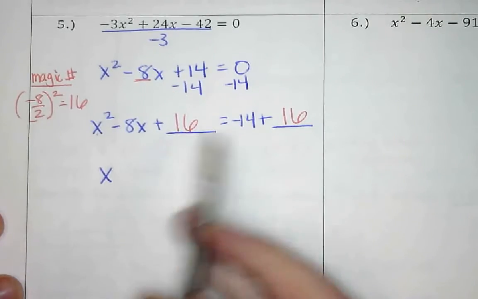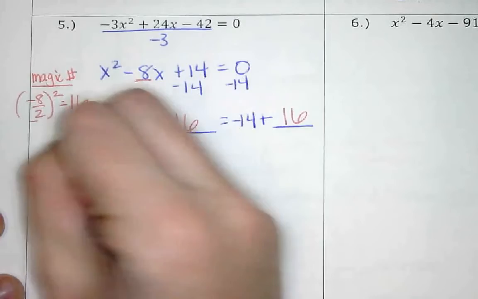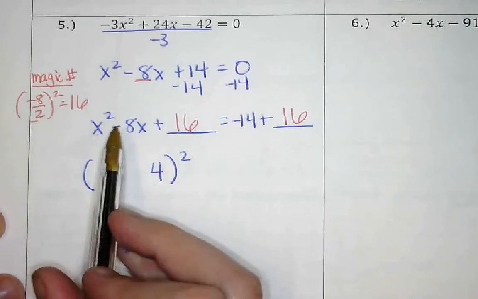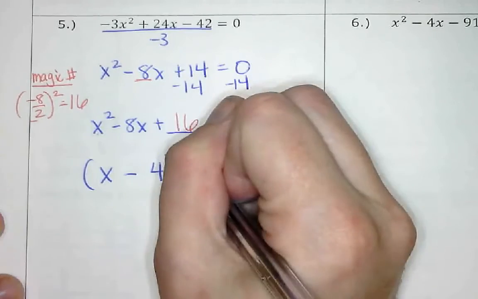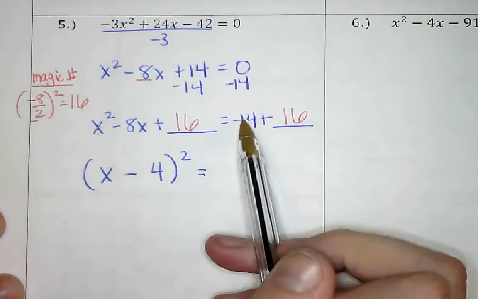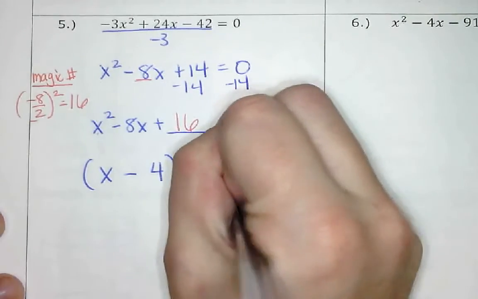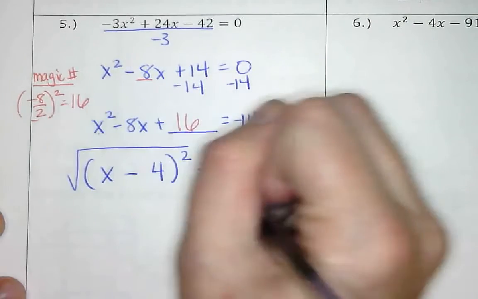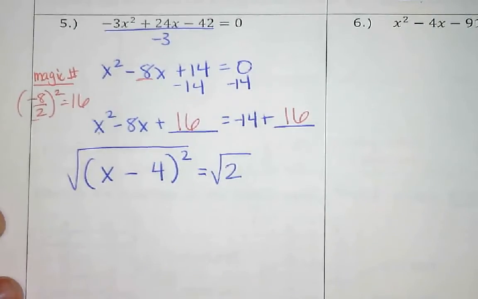Minus, because we have that negative 8x. And that is equal to negative 14 plus 16, which is 2. Now we take the square root of both sides, and we have x minus 4 is equal to plus or minus the square root of 2.